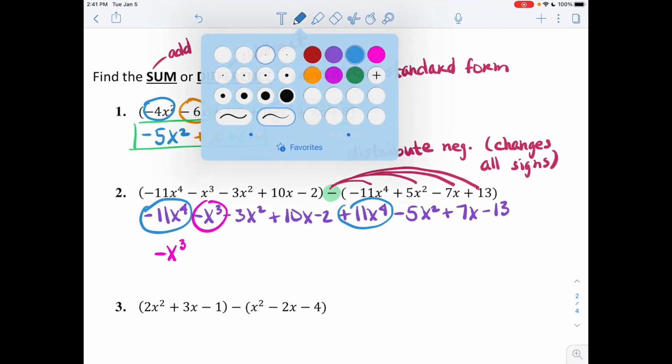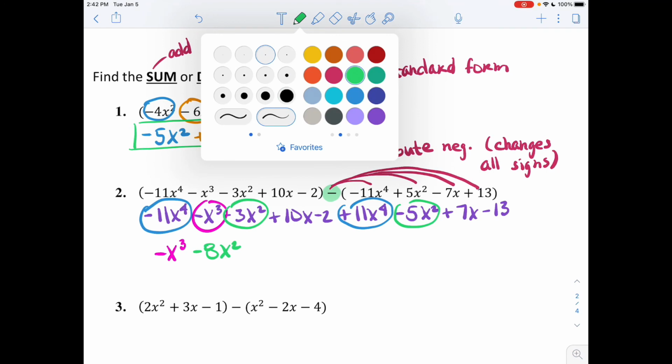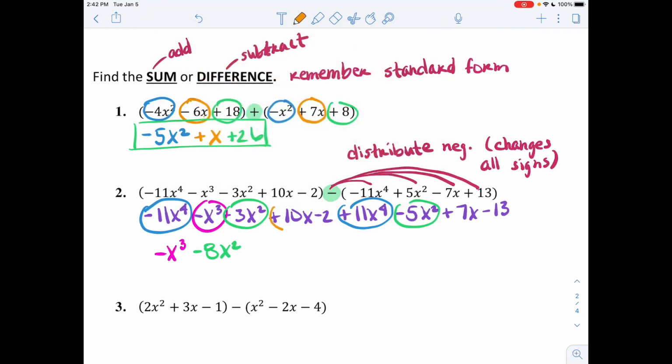And then I'm going to move on to x squareds. So I see that I have a negative 3x squared and a negative 5x squared. So that's going to give me a negative 8x squared. Then I have a positive 10x and a positive 7x, plus 17x.